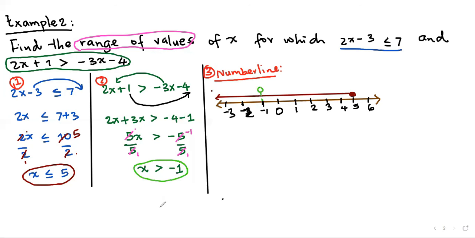Open circle, and then we go to the right. Now, let's show the range. The range begins from the area of overlap here and here. So let's color this part.